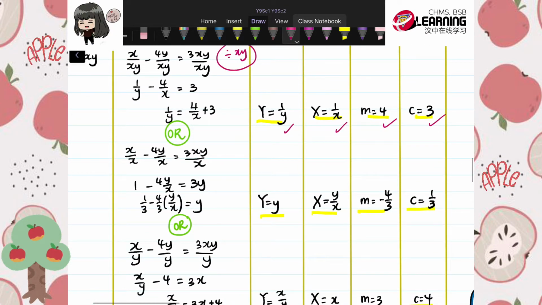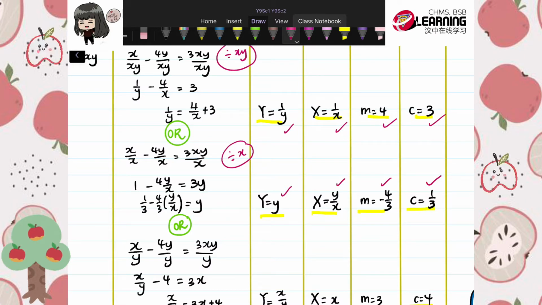Or you can actually divide everything by only x. If you divide everything by only x, you will have another possible set of answers. Big Y equals y, big X equals y over x, and m and c are here. You see, it's different from the first set of answers. But you will still get straight lines.